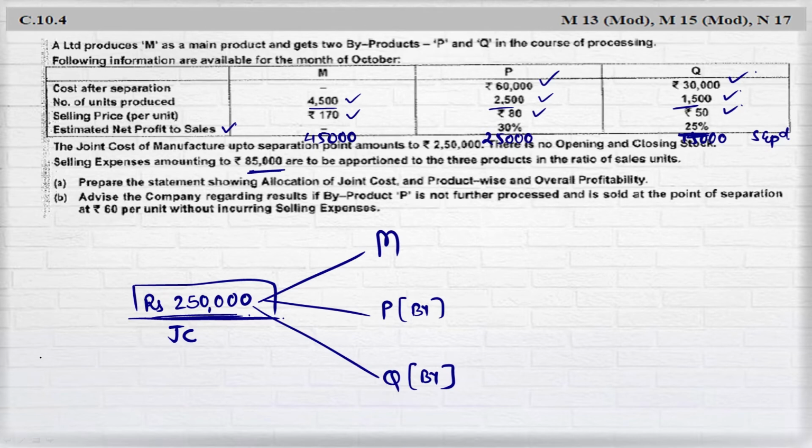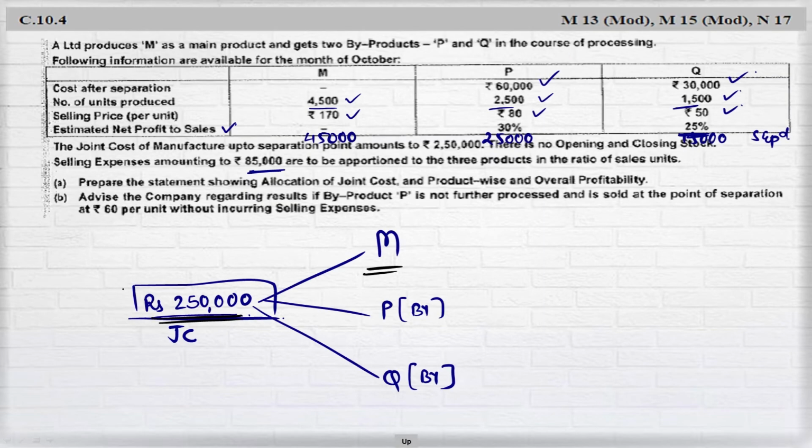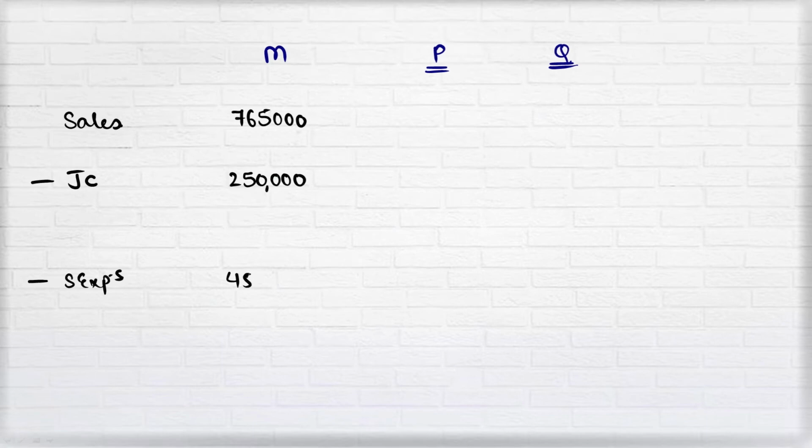Products P and Q are byproducts. So I should allocate this 2,50,000 to M. I am allocating it. Minus joint cost allocated only to M, 2,50,000. Minus the selling expenses in M, which is 45,000.